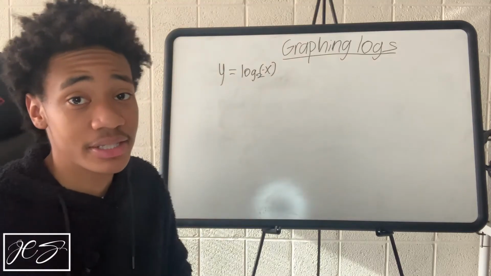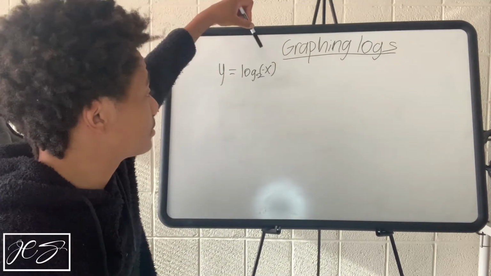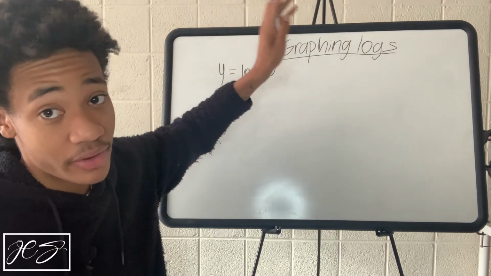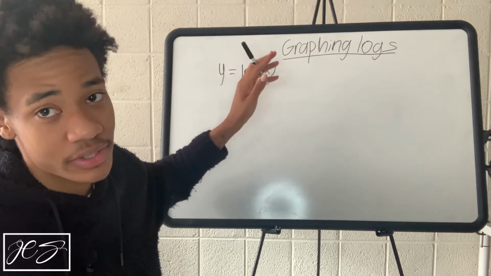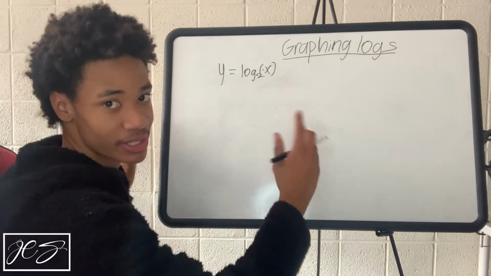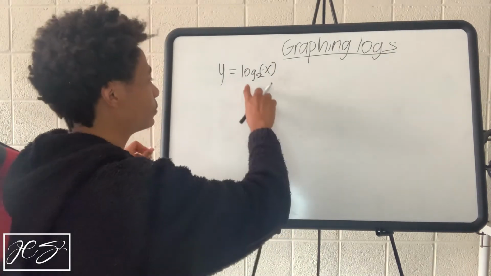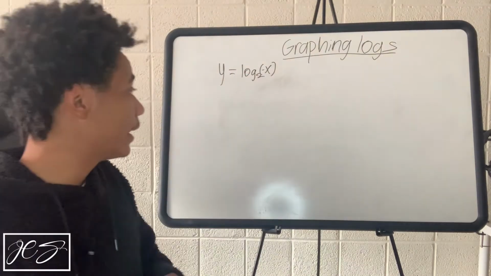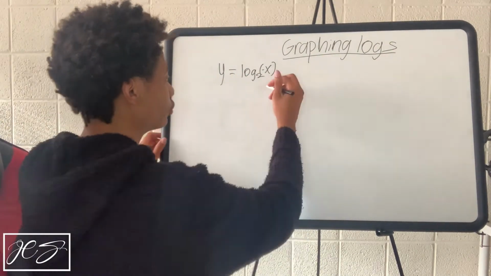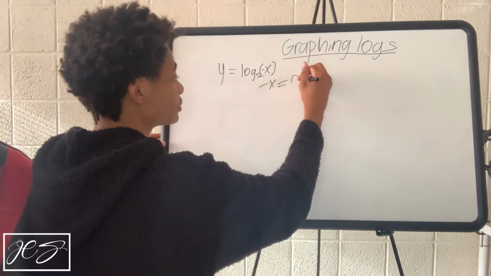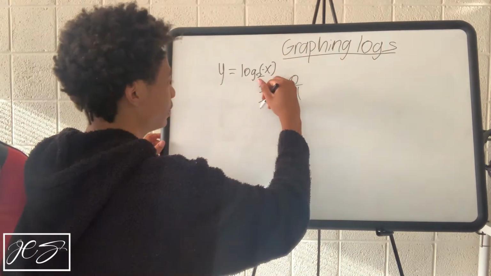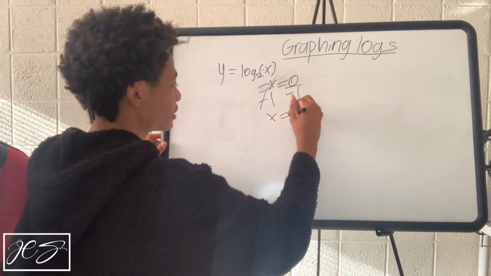Also, I forgot to say this. If x is positive, then it's on the right side of the vertical asymptote. If it's negative, it's on the left side. So for this one, it's basically kind of the same thing. So log is positive, 2 is above 1, so it's going to be rising. And in order to find the asymptote, we're going to do negative x equals 0, divide both sides by negative 1. That's going to just leave us with x equals 0.